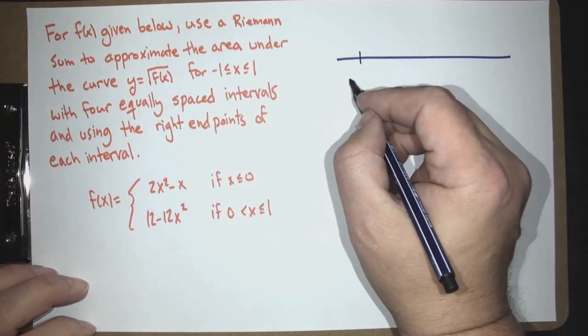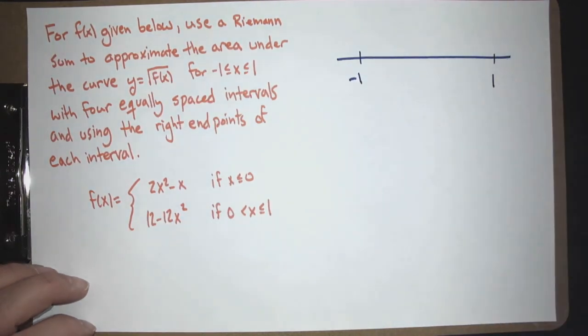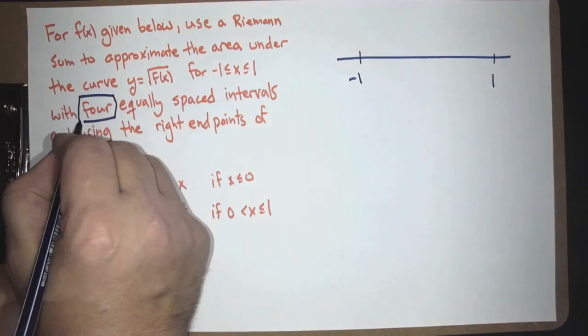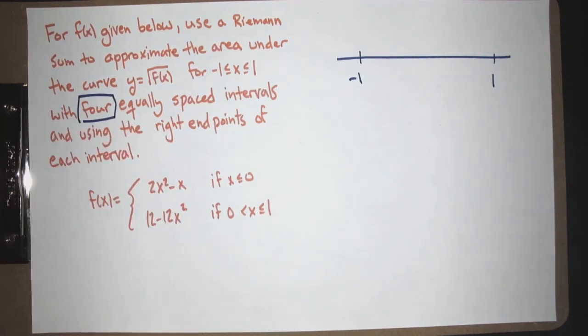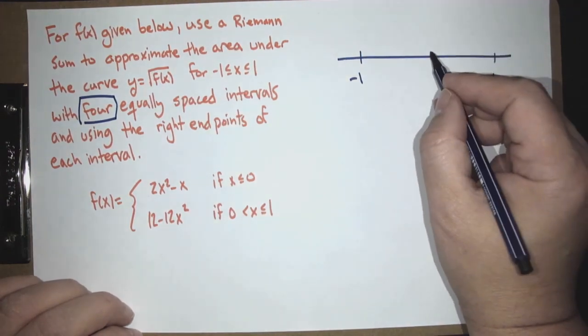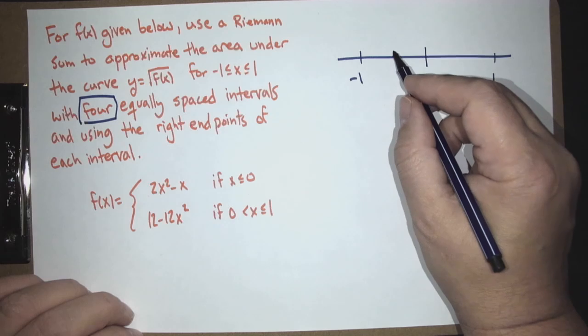First off, let's sketch our interval. We're going from -1 to 1. How many pieces do I want to cut this into? 4. Because they tell us 4. And it's going to be equally spaced. So in other words, we're not going to do like cut, cut, cut, boom. So we cut this in half and then in half again.